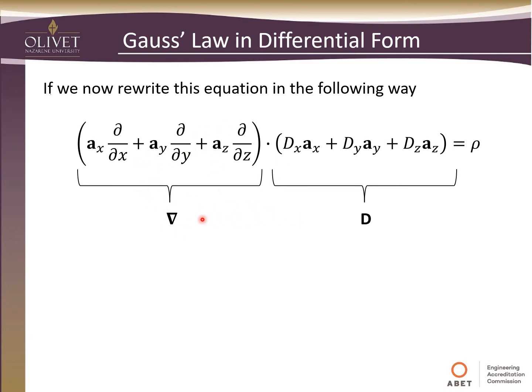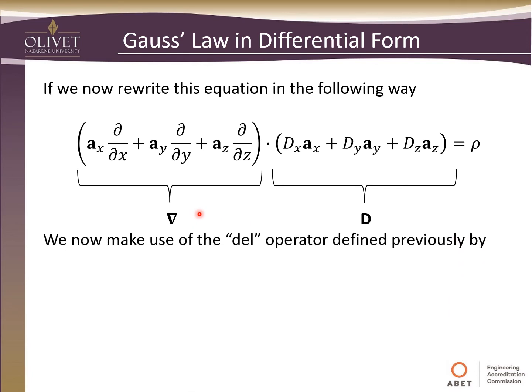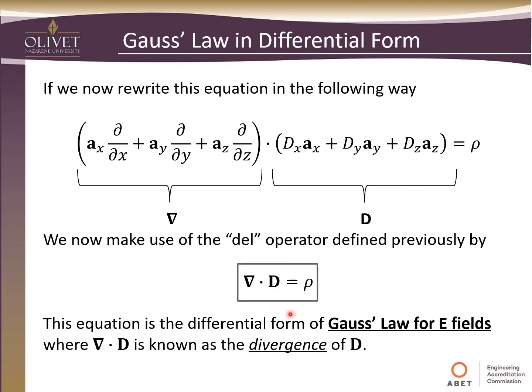So that being the case, this helps us to rewrite this by utilizing this del vector as del dot D equals rho. Now remember before when we had the del crossed with a vector, del cross D, that would be the curl of D. But when we take the dot product, we call that the divergence of D. So if we see del dotted with a vector, we can pronounce that as the divergence of D, or the displacement vector.